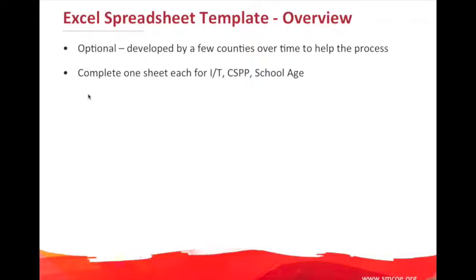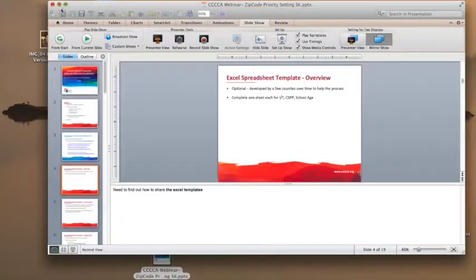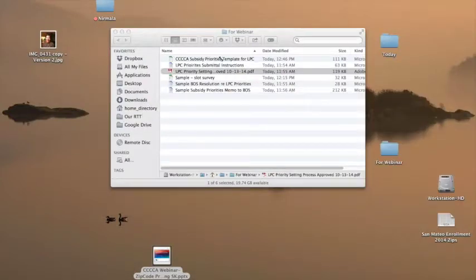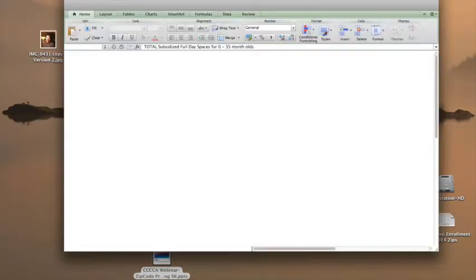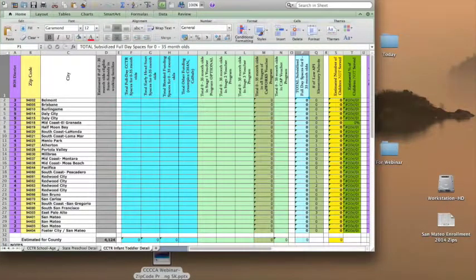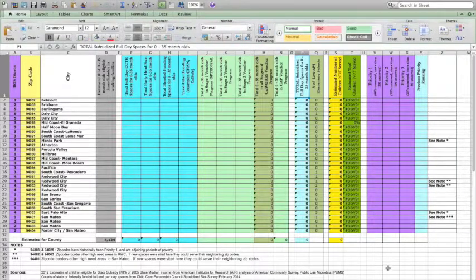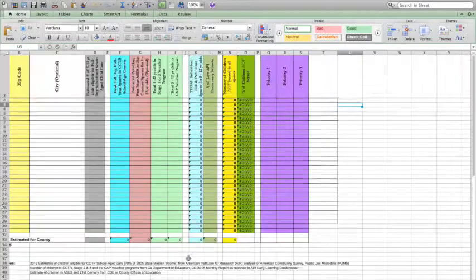But just to make it easy, let's go ahead and open it. When we open the sheet, you'll see down at the bottom that there are tabs. Let's click on the state preschool detail, Sarah.